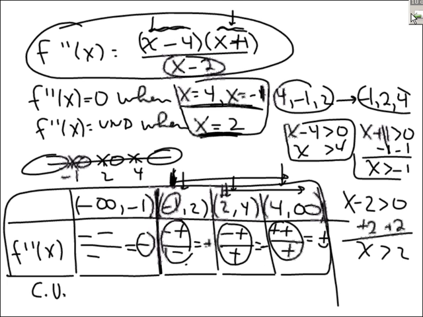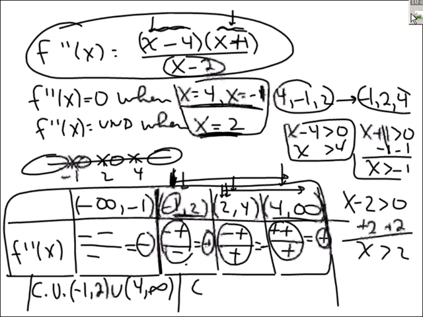That's where the second derivative is positive. If I just said increasing and decreasing a moment ago, I was wrong. The second derivative is positive from -1 to 2 and from 4 to infinity. -1 to 2 as well as 4 to infinity. That's done. That's where it's concave up.